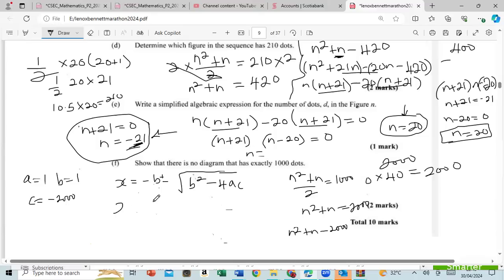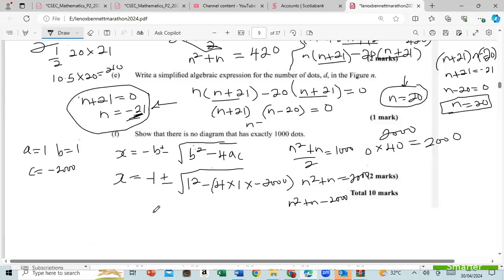x equals minus b, so that will be minus 1, plus or minus the square root of b squared, which is 1 squared, minus 4 times a, which is 1, times c, which is negative 2000. So boom. We could work down this.